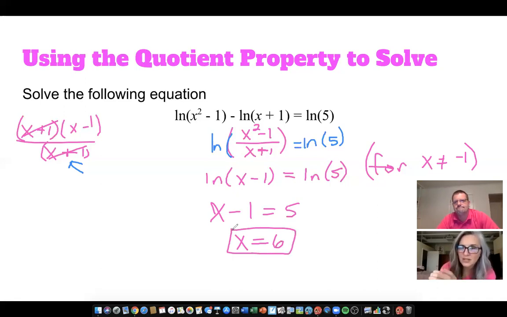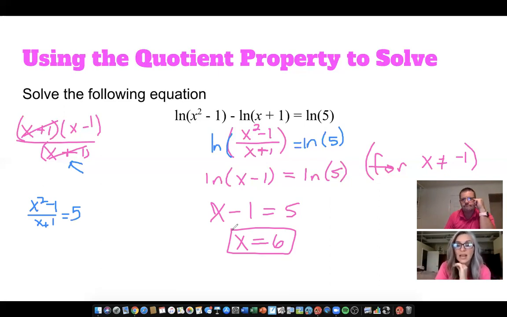Now, I know what you're asking yourself, or I hope what you're asking yourself in your head is: if I didn't notice that x plus 1 was a factor of x squared minus 1, and I just solved the equation x squared minus 1 over x plus 1 is equal to 5, would I get the right answer?